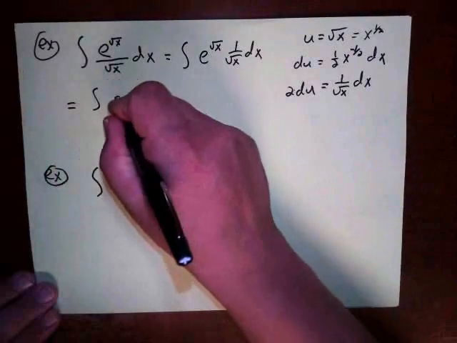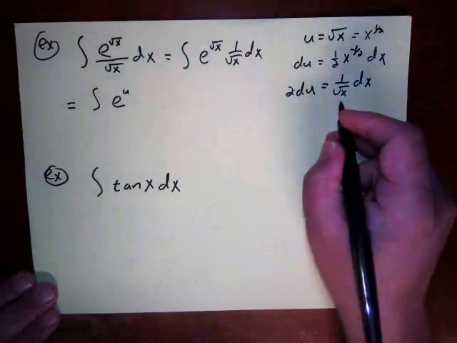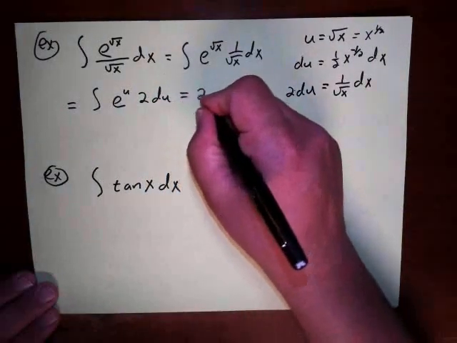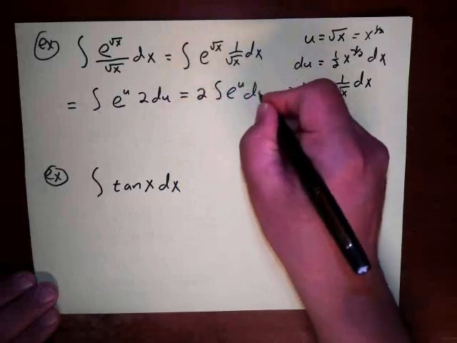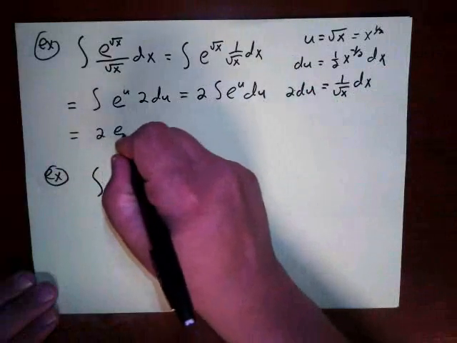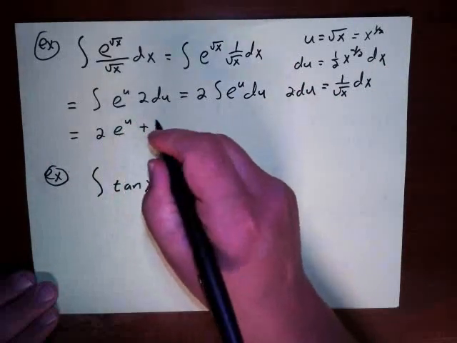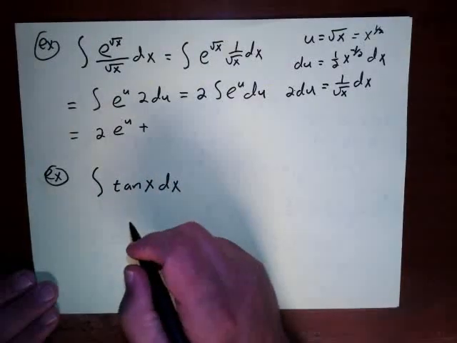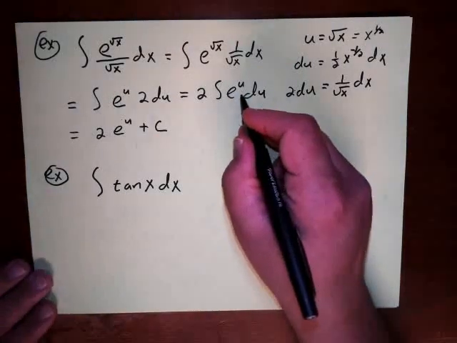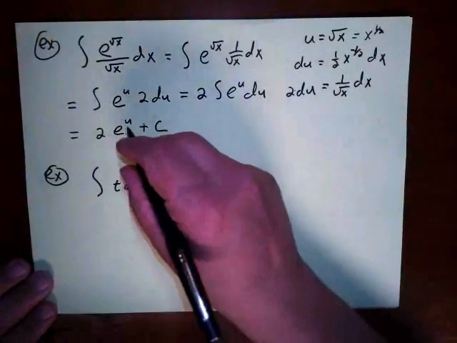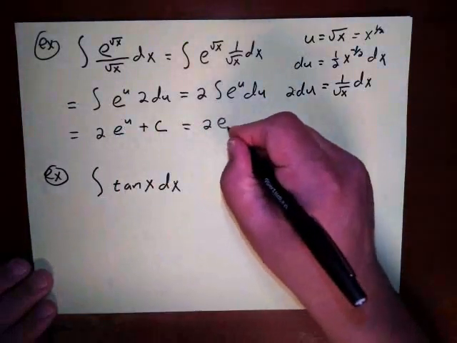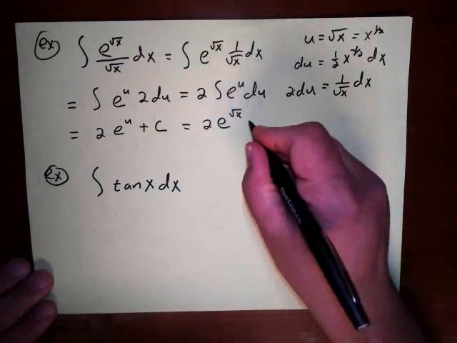So this whole thing is equal to e to the u times 2 du, and then I could bring that 2 out, and I just have e to the u du, and of course that would just be e to the u plus c, because the antiderivative of e to the u is just e to the u. And then I can put the square root of x in for u, so I get 2e to the square root of x plus c.